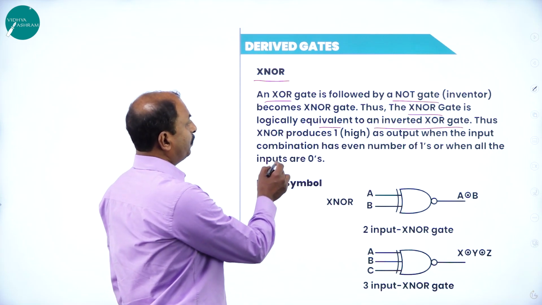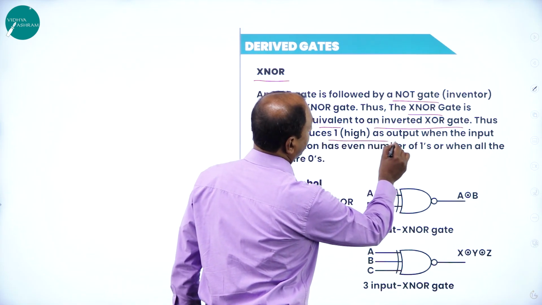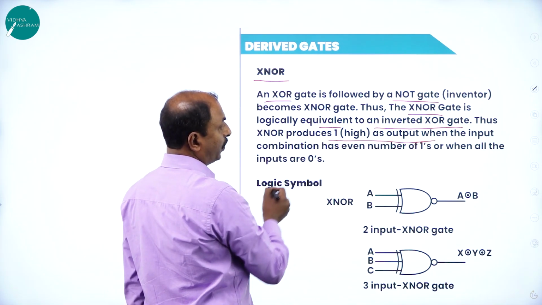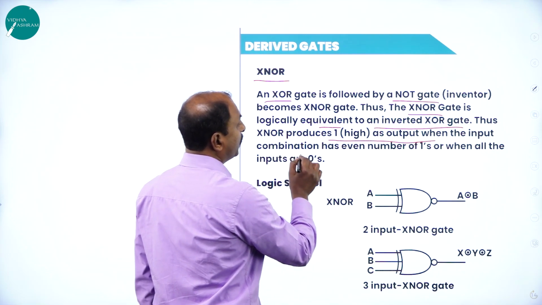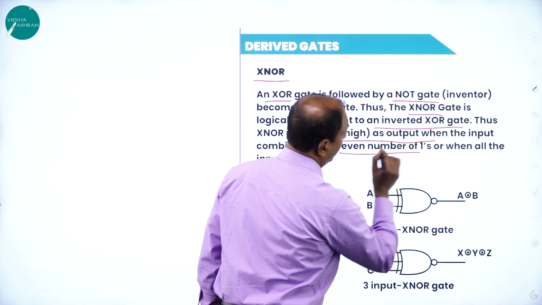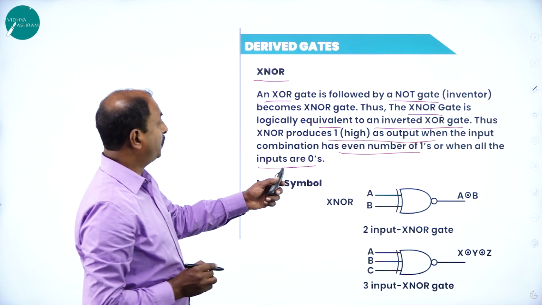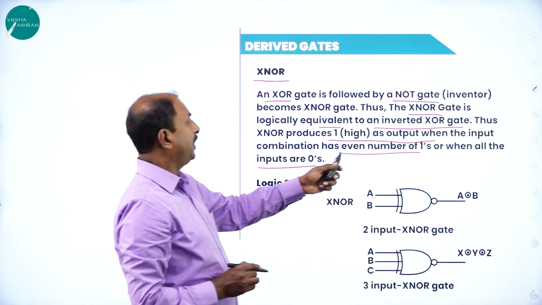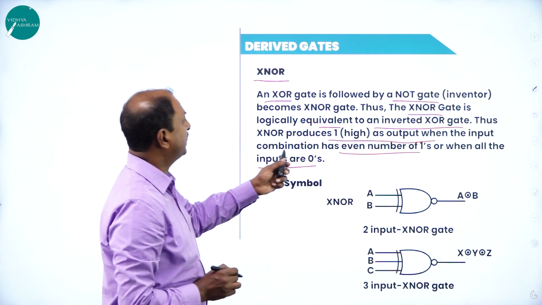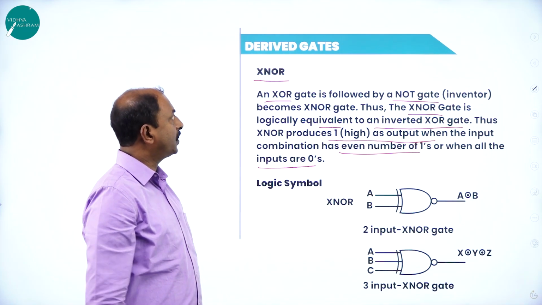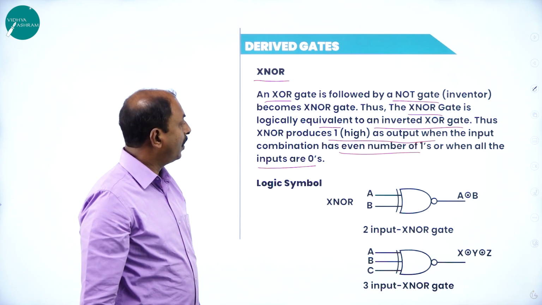So it produces 1 as the output when the input combination has an even number of ones, or when all the inputs are 0. That is the definition of exclusive NOR gate.